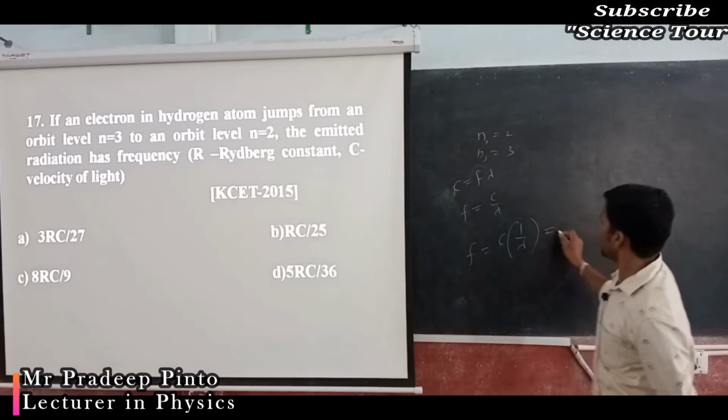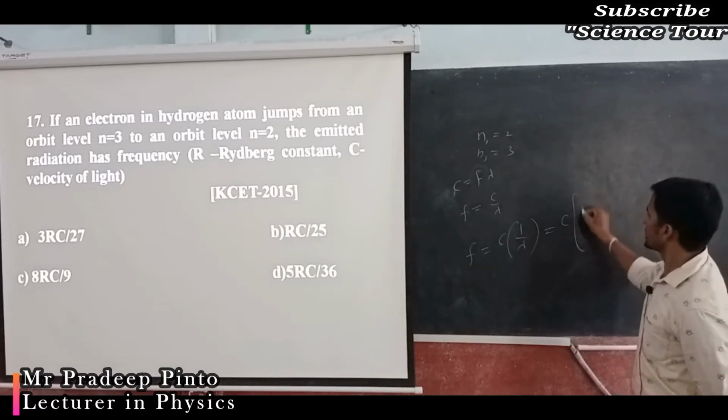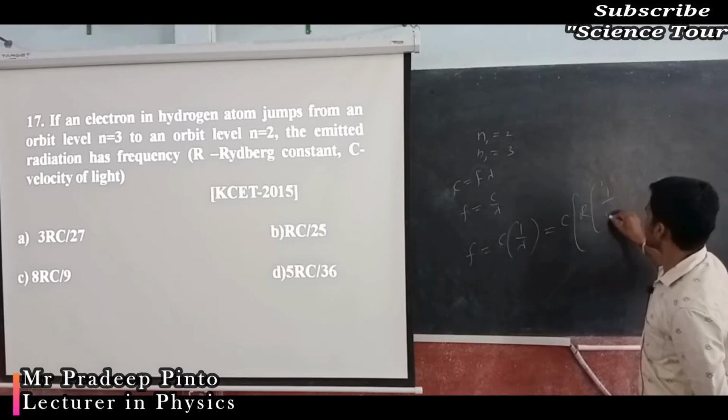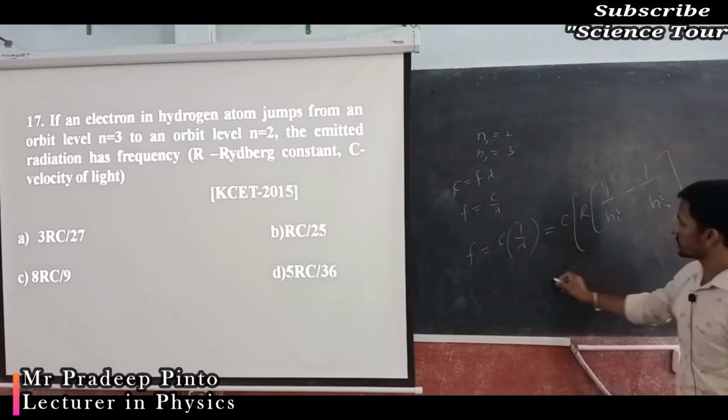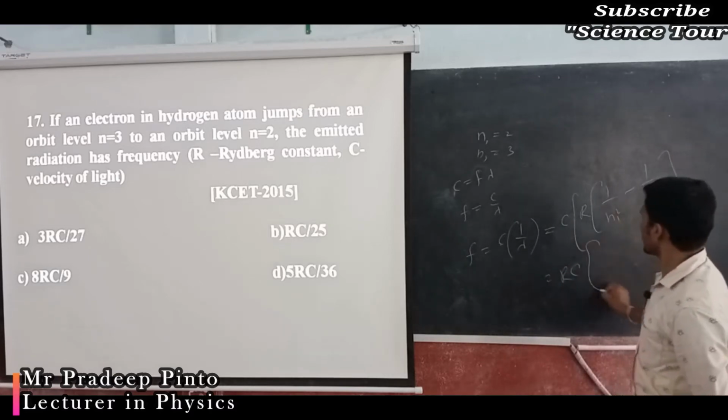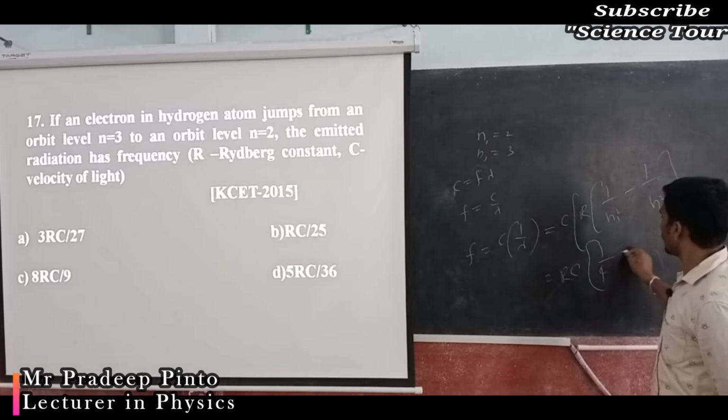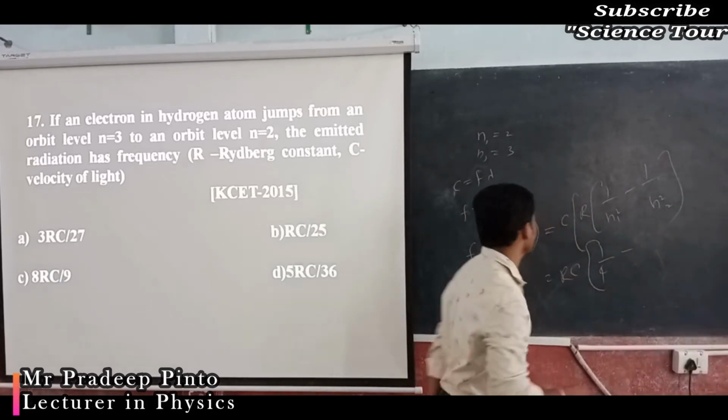And 1 by lambda is nothing but R into (1 by n1 square minus 1 by n2 square); that formula is there. So R into c, n1 square gives 1 by 4 minus n2 square gives 1 by 9.